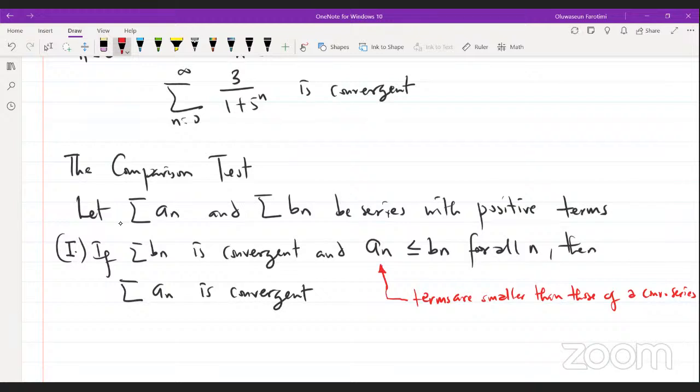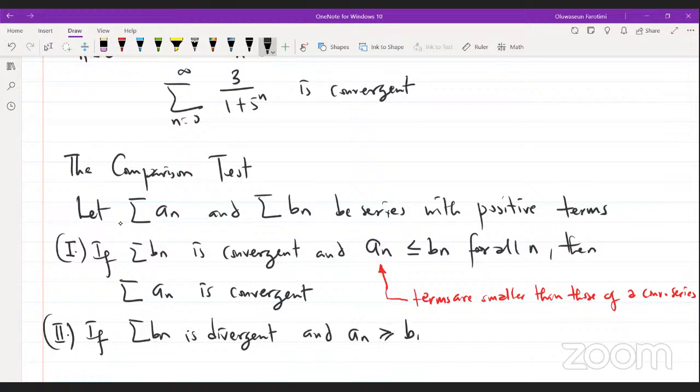Number 2 is if the series of bn is divergent. We've talked about when it converges, what about when it diverges? We have a reverse inequality. For number 1, we had less than or equal to.